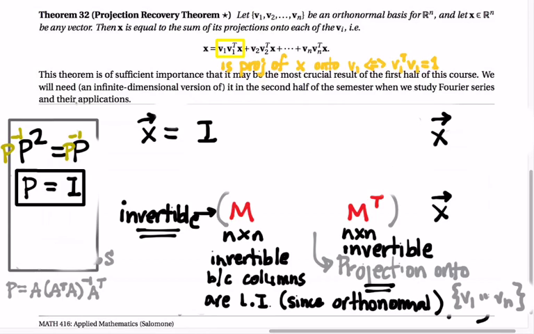So that's the projection recovery theorem. It tells us that if I take the sum of the projections onto all of the elements of an orthonormal basis, then what I will get back is my original element.